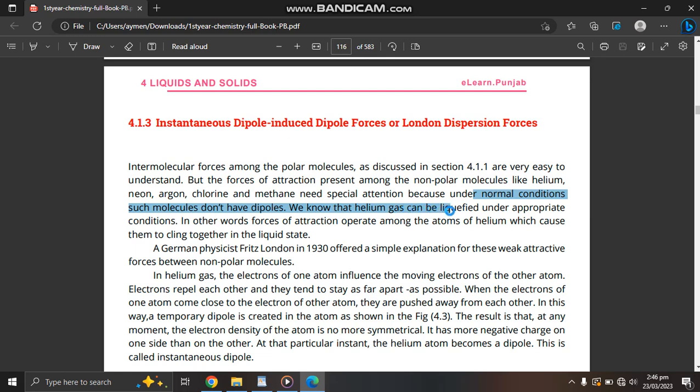We know that helium gas can be liquefied under appropriate conditions. In other words, forces of attraction operate among the atoms of helium, which hold them together in a liquid state. A German physicist, London, in 1930 offered a simple explanation of these weak forces of attraction between non-polar molecules.